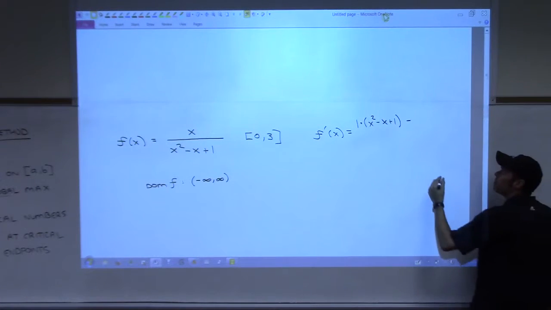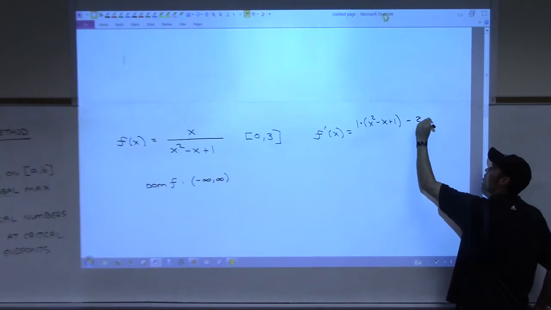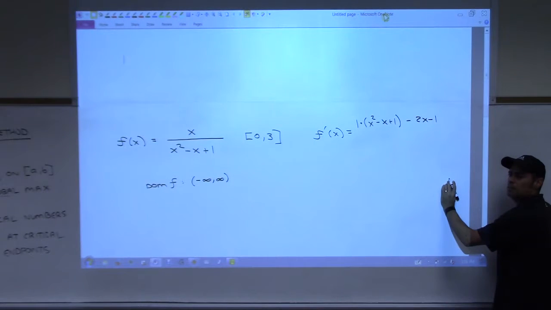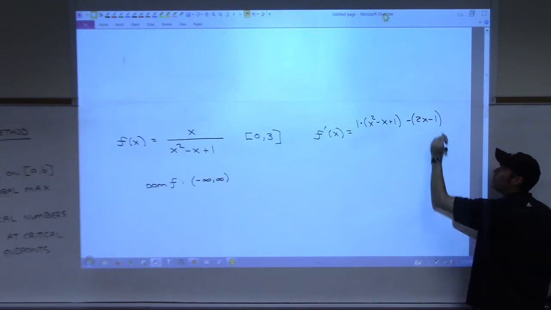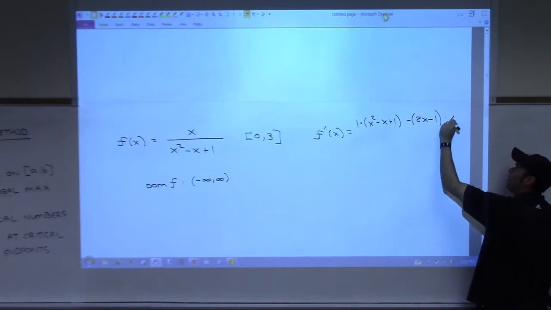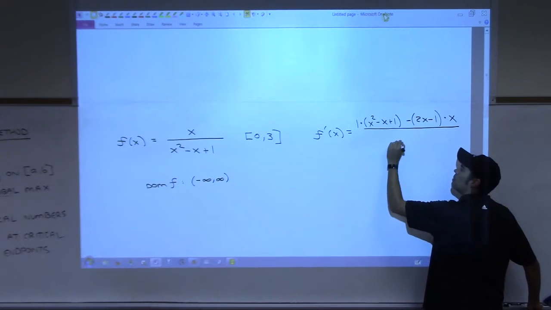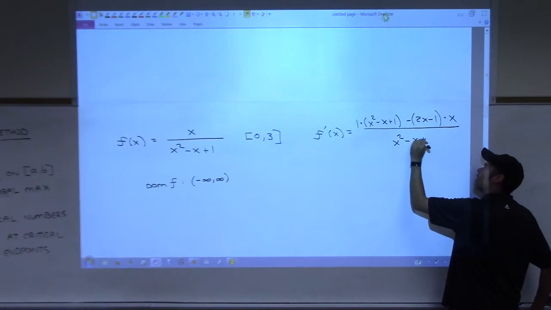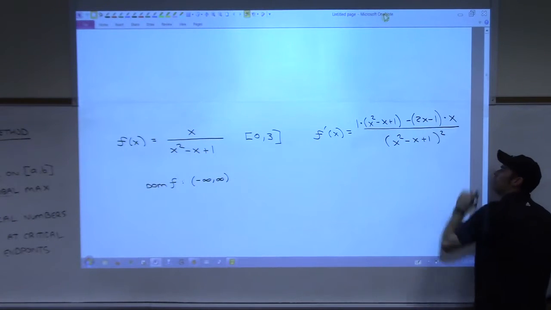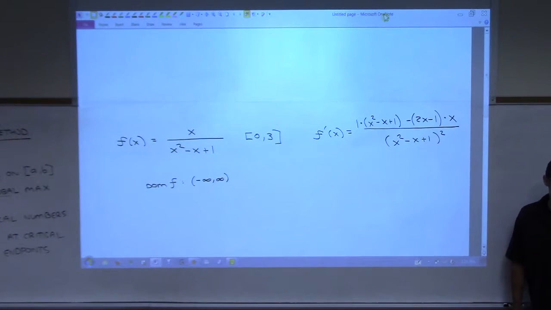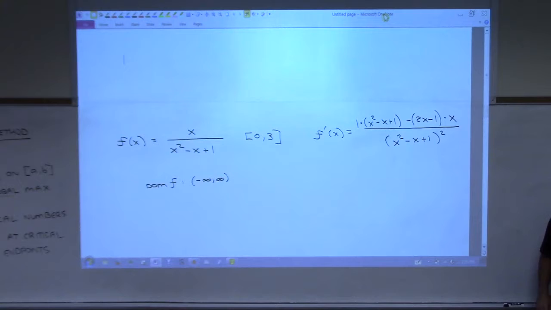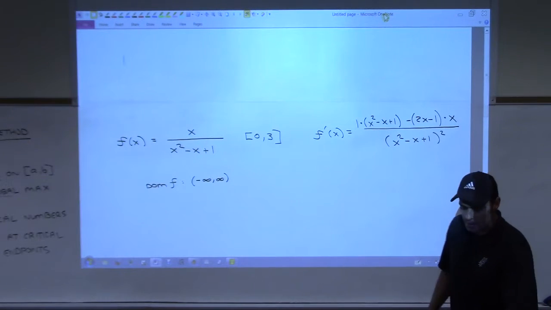Derivative of the bottom, which is 2x minus 1, like that? I need parentheses around the derivative of the bottom, right? Times the top, x, all over the bottom squared. There we go. Now that was the raw derivative, right?